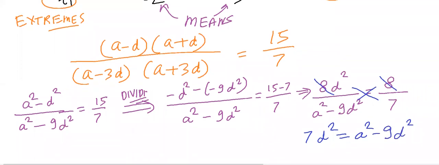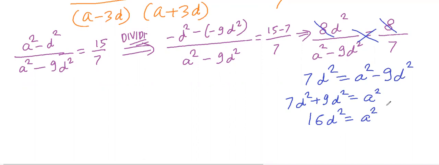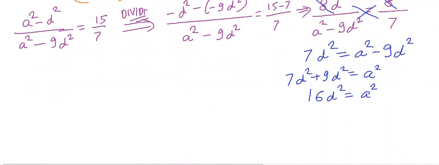So when 9D square comes here, it will become 7D square plus 9D square is equal to A square. 7 plus 9 is 16. So 16D square is equal to A square. This 16D square you can write as (4D) the whole square is equal to A square.